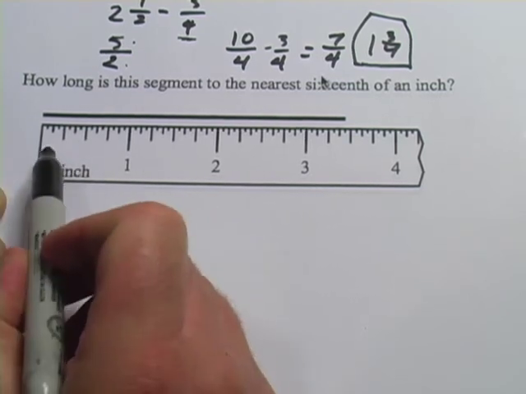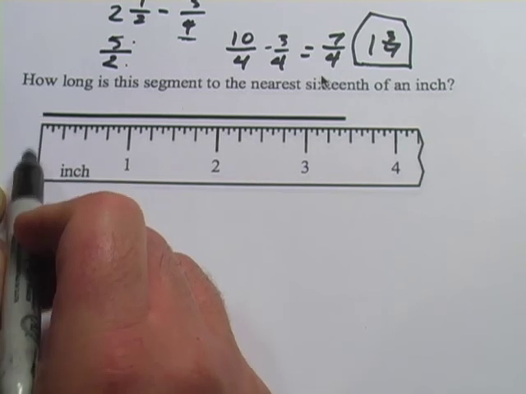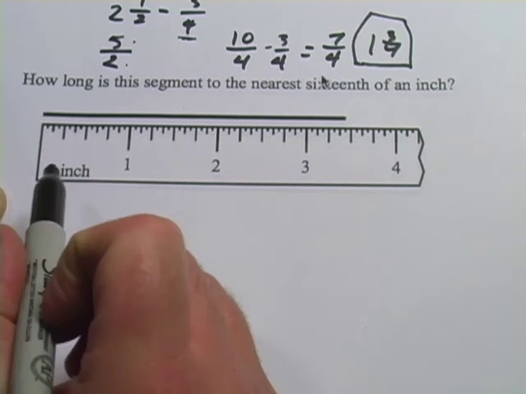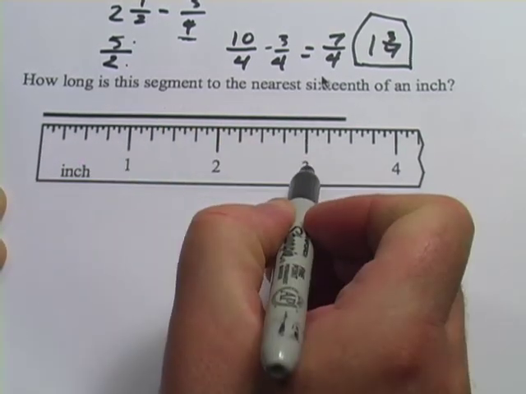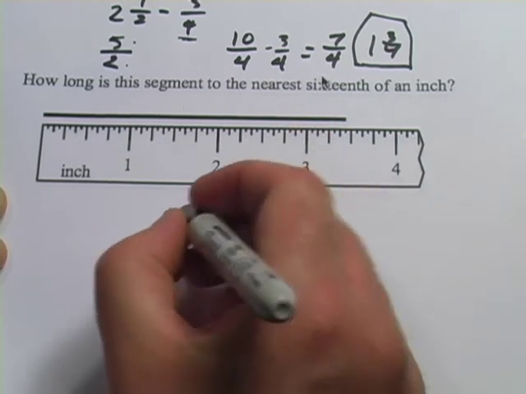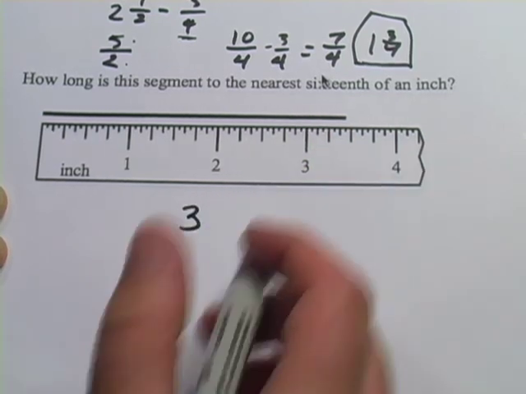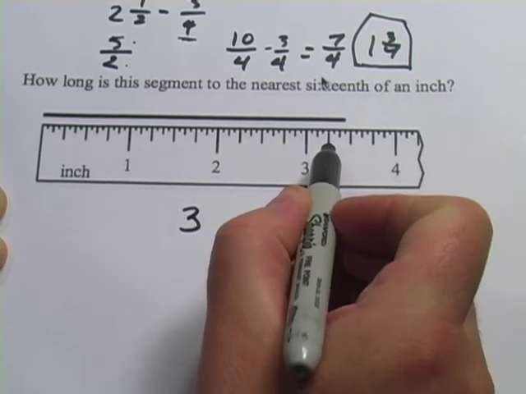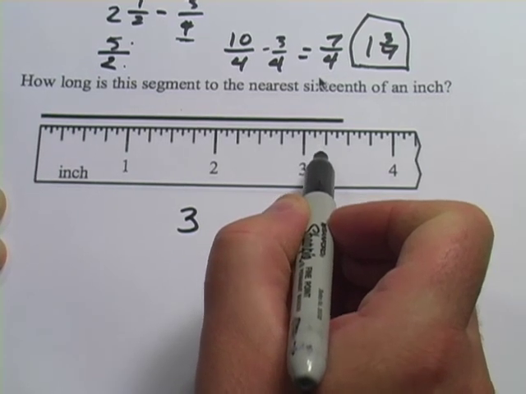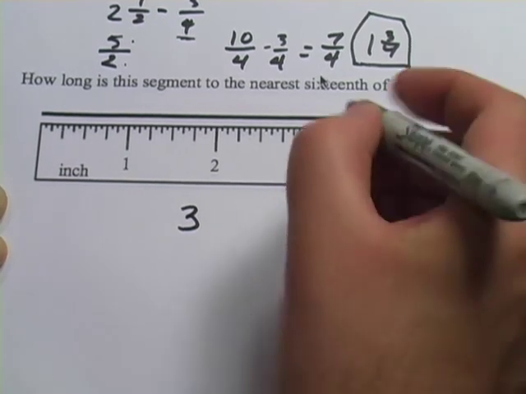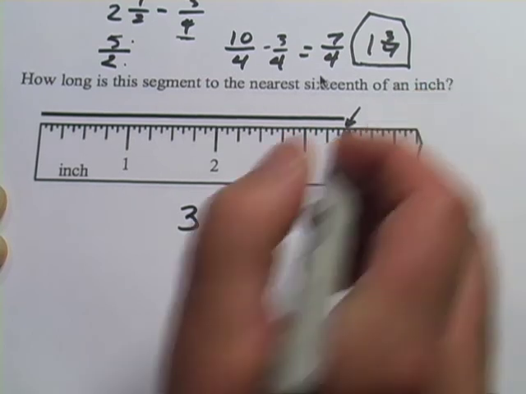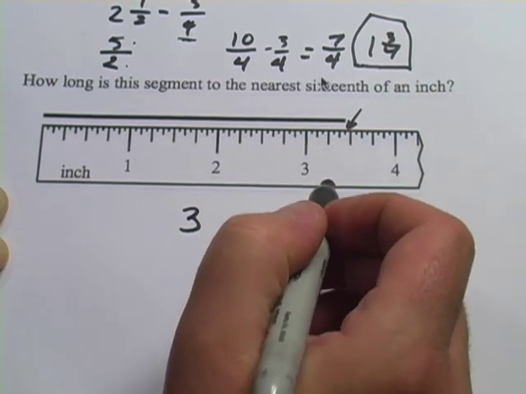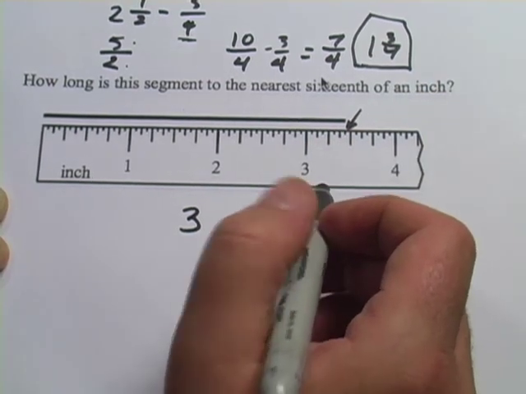So now we need to measure this thing. Luckily for us, it starts at 0, so we don't have to worry about that. And it definitely is somewhere between 3 and 4 inches, so it's going to be 3 and something inches. And if I look here, I've got 1/4, and then, well, it probably comes right about there at that little 16th mark. So I've got to try to figure out which 16th mark that is.